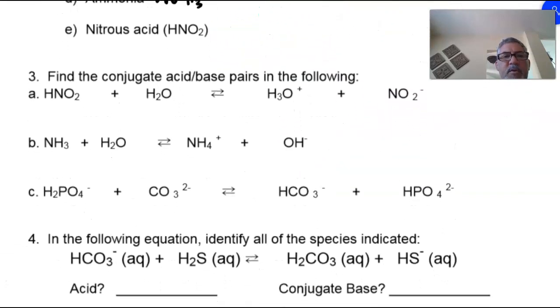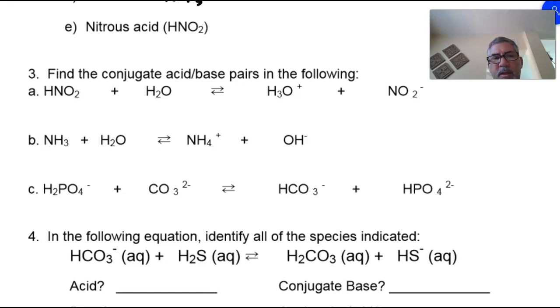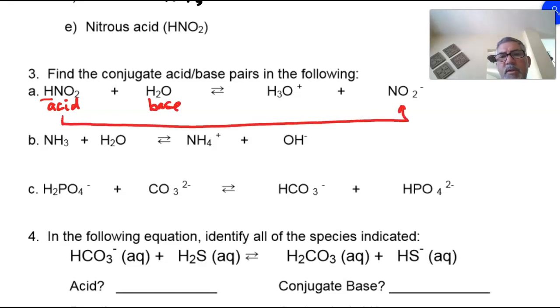All right. So for number 3, it tells you to find the conjugate acid-base pairs. So same thing. This leads with H, so we know that's an acid. All right, so this is an acid. That would make water a base. All right. So my acid, what we do is go like this.